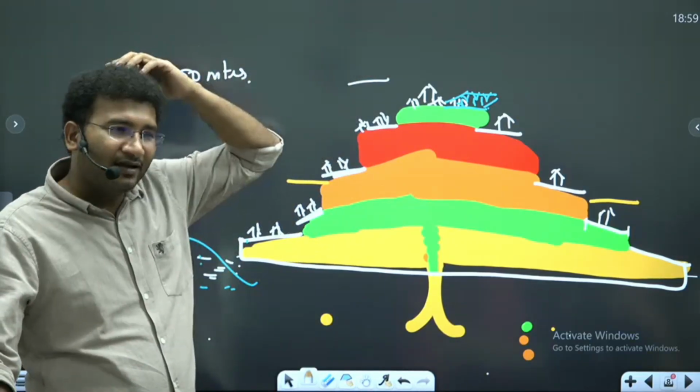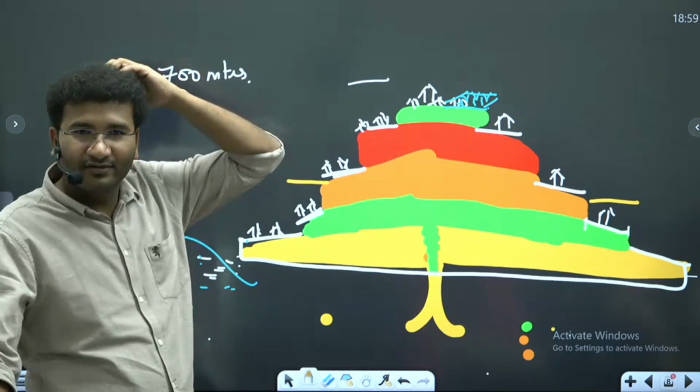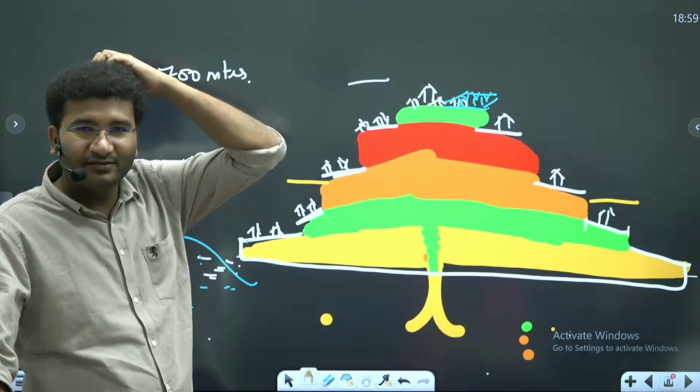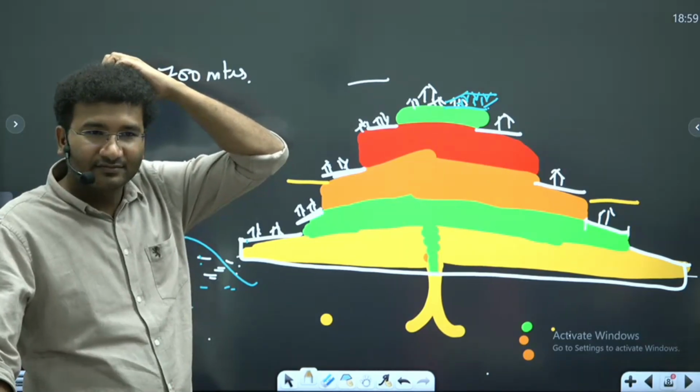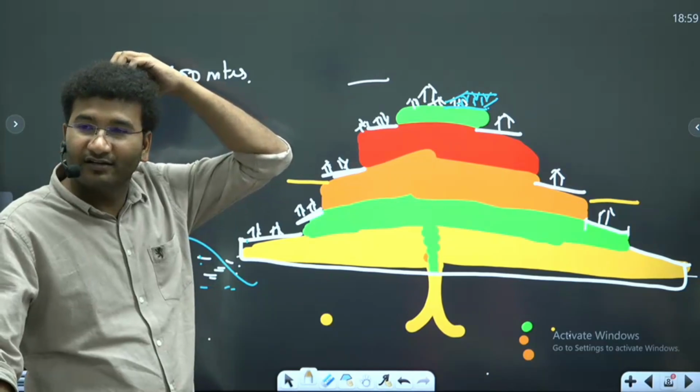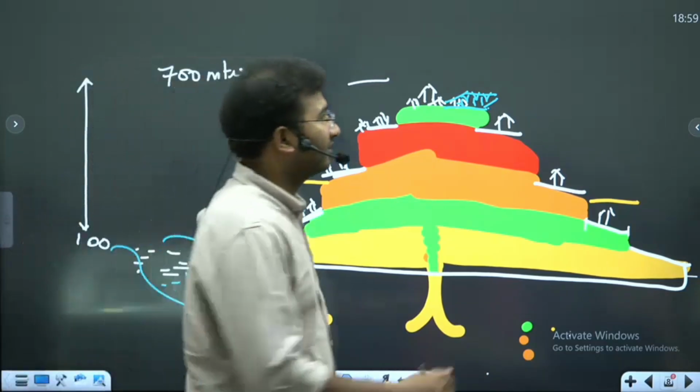Rainwater. And have you heard of the Kakatiyas? Ever heard of Kakatiya? What are they famous for? Anyone? Kakatiyas. They are famous for what? They are famous for constructing tanks.